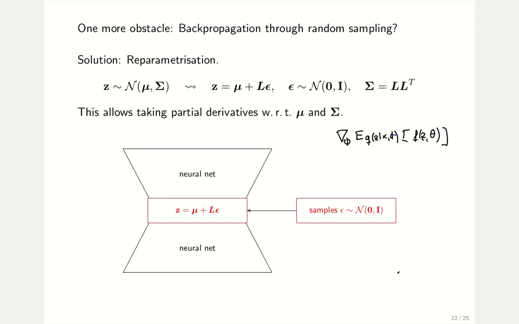Okay, now let's spell this out. If you look at this, it is an integral, and now we can pull in the derivative, the gradient, and we take the gradient with respect to this distribution. Sorry, that's the wrong parameter. Don't mix this up.